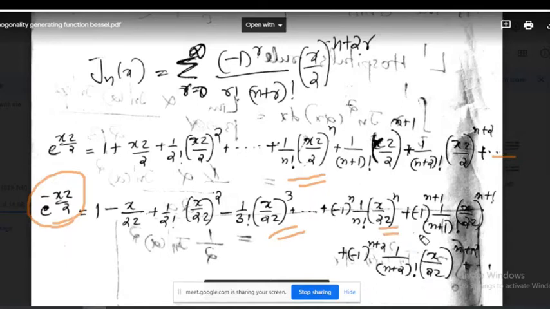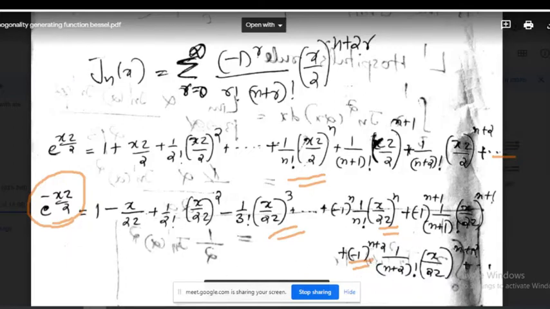Then the next term is minus 1 to the power n plus 1, 1 by (n plus 1) factorial (x by 2z) to the power n plus 1, and then minus 1 to the power n plus 2. Okay, so these are the terms.